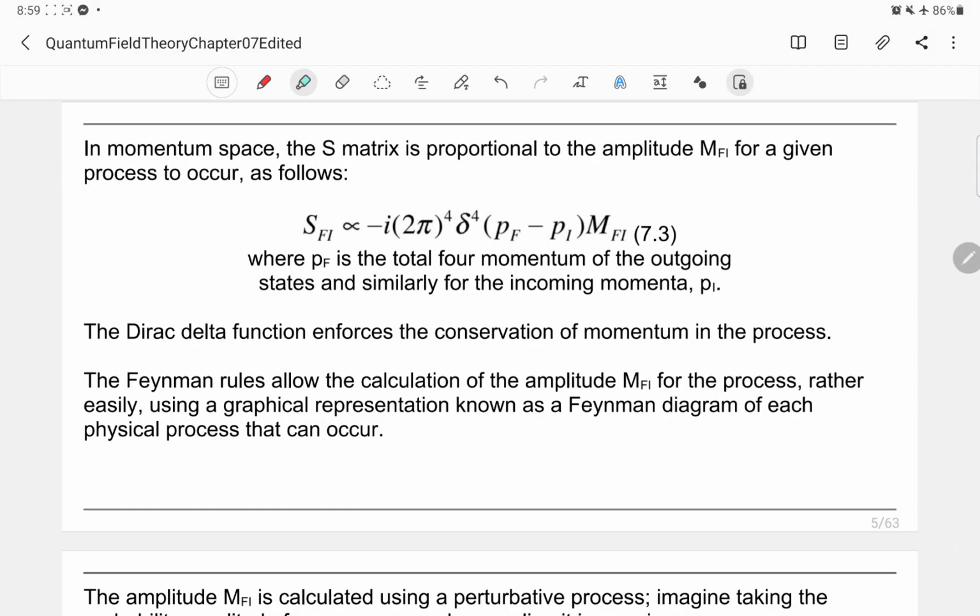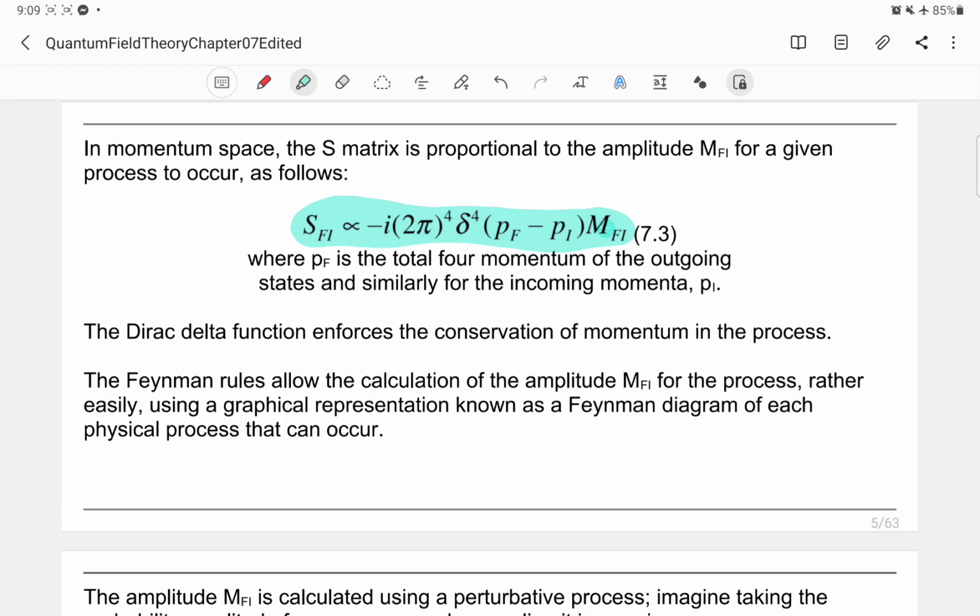In momentum space, the S matrix is proportional to the amplitude of a given process, which is denoted by M_fi, and this is just given by this expression, where you can see the momenta are used inside as an argument to the Dirac delta, so it implements the conservation of momentum.